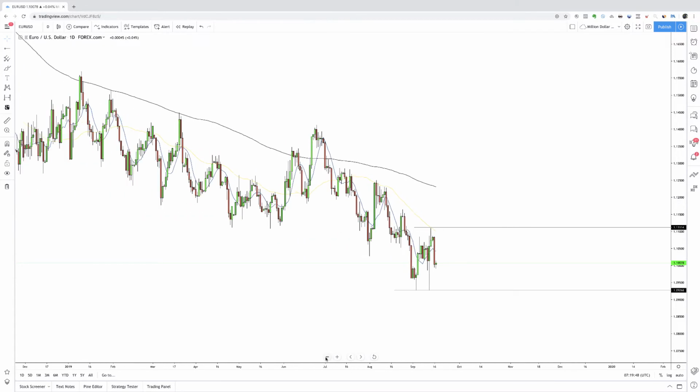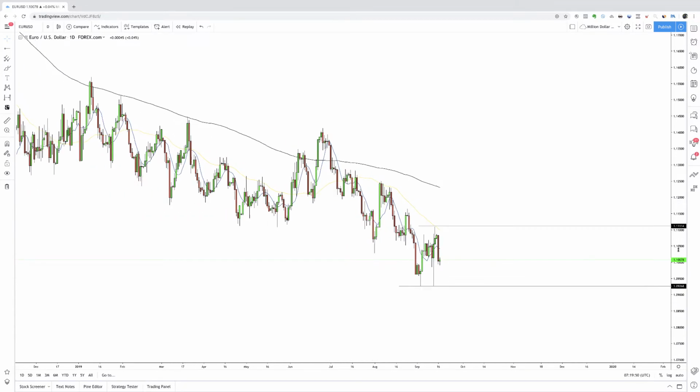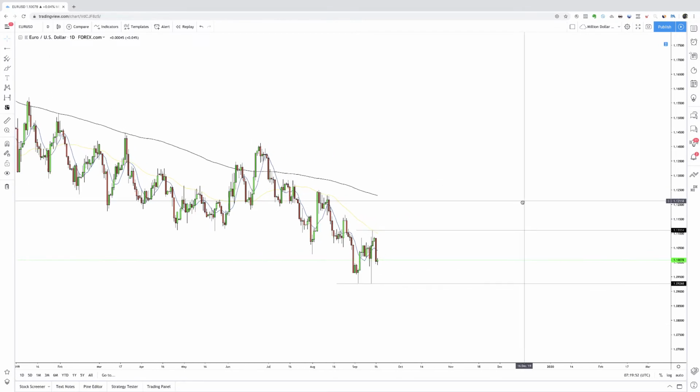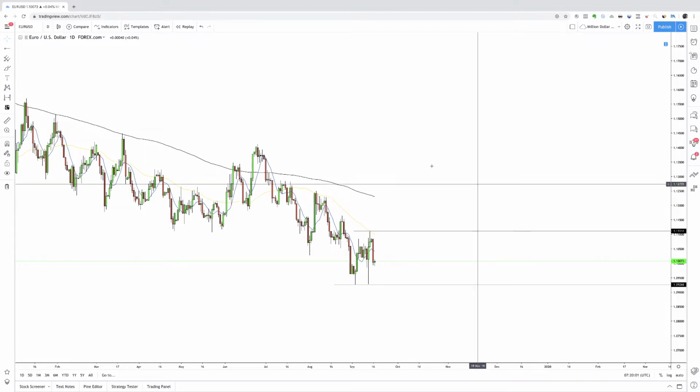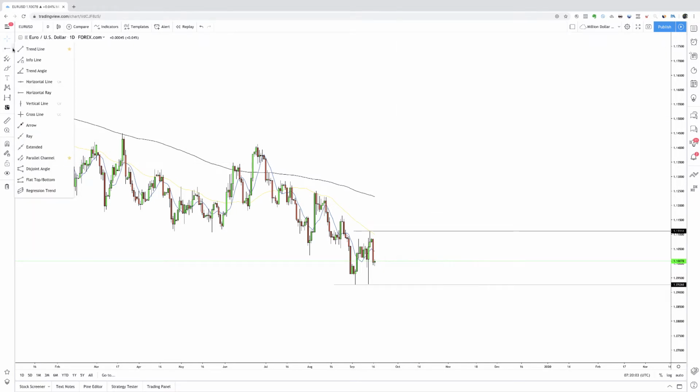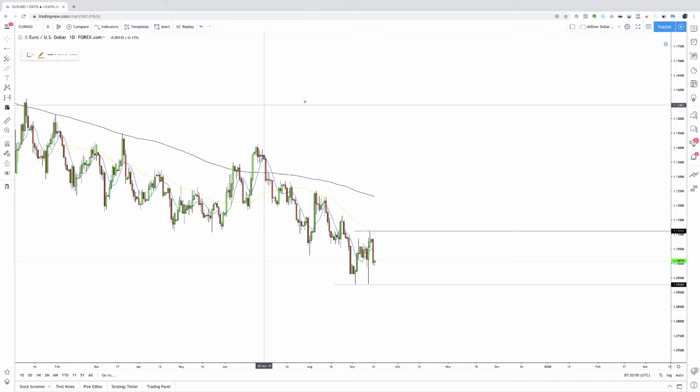So let's zoom out. And if you don't know what a bearish trend consists of, a bearish trend consists of lower lows and lower highs. I understand a lot of you all probably know this, but you'd be surprised at how many people don't who have been trading for X amount of time.